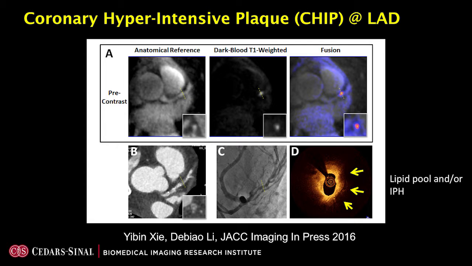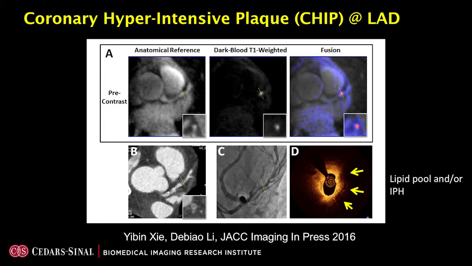Debbie Ali and his group took this to the next level and actually combined this technology in a very elegant way, where you get an anatomical image and an enhanced image with inversion recovery at the same time. And then you can fuse these images to localize where the enhancement is coming from.